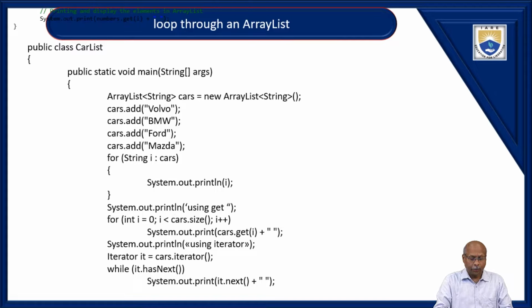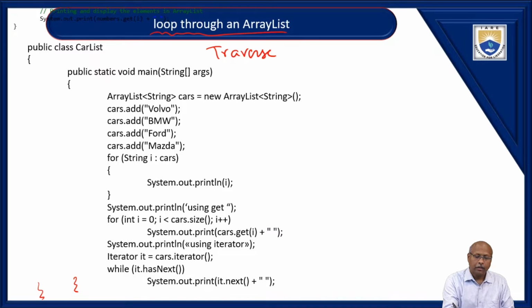Let us see another program showing how we can use these methods to retrieve items. Assume there is a car list. What are the different ways to traverse? This program is showing how to loop it, that means how to traverse the list.